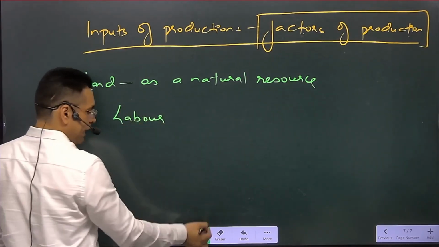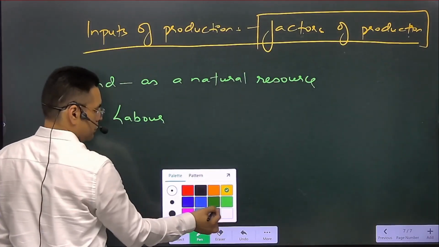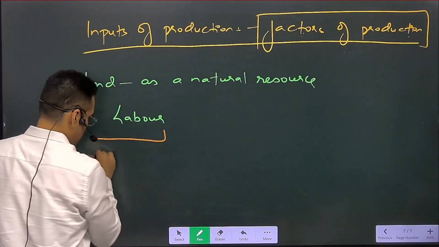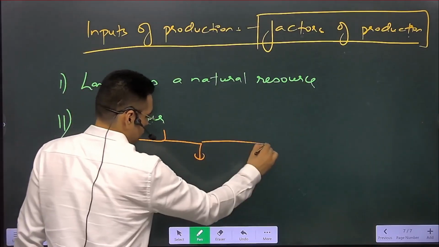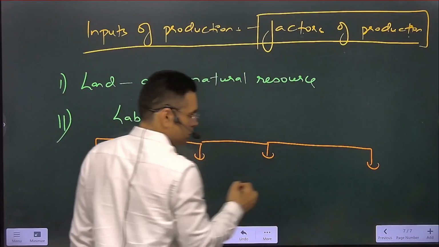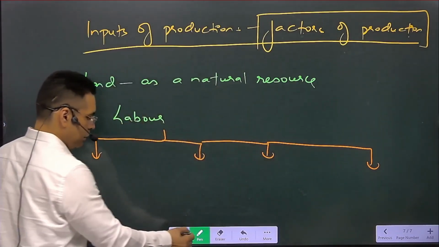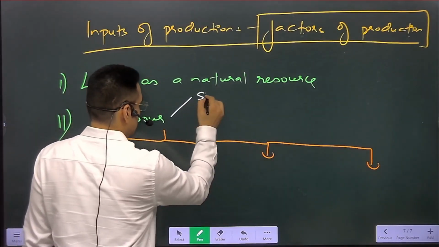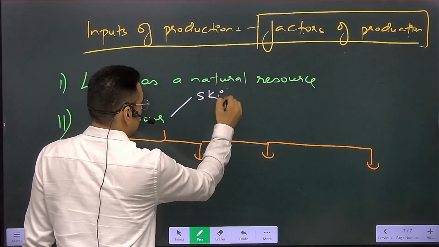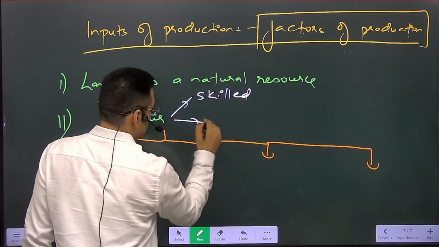Now labor has many types. So we have many types of labor. Okay, so labor can be of one type skilled, unskilled, skilled or manual.